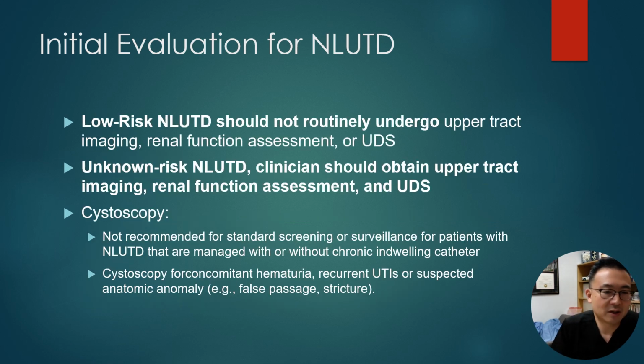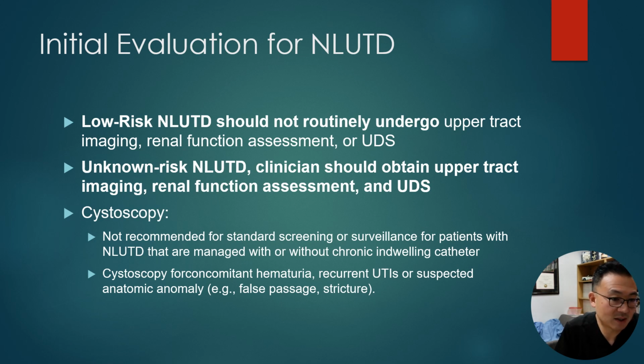During the initial evaluation for neurogenic disease, low-risk individuals should not routinely undergo upper tract imaging, renal function assessment, or urodynamics. As I mentioned, these are mostly suprapontine causes such as stroke, neoplasm, things like that. However, for unknown risk disease, clinicians should obtain upper tract imaging, renal function assessment, and urodynamics.